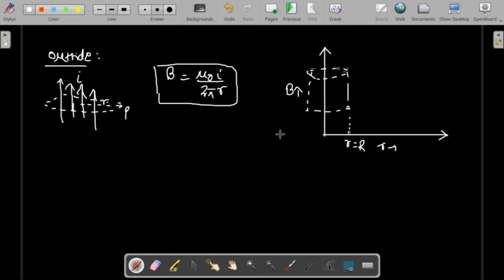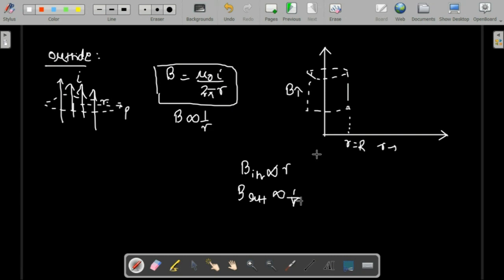Inside, if you look here, it is proportional to r. Check here, proportional to r. And if you're going to look outside, this is proportional to 1 by r, B is proportional to 1 by r.